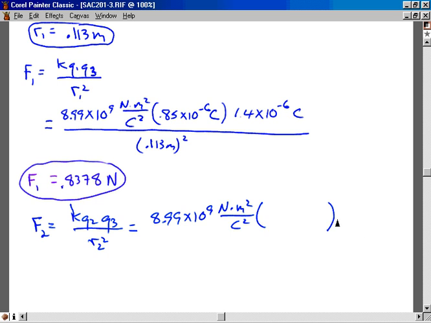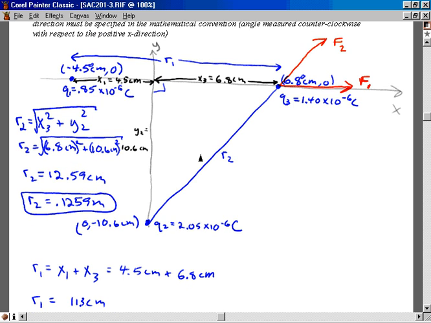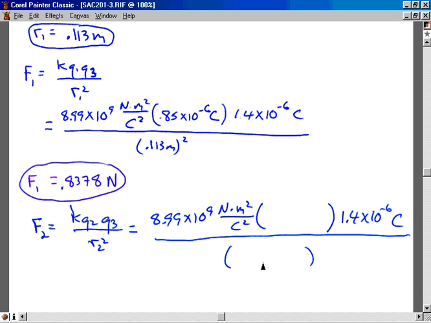Q3 was 1.4 times 10 to the minus 6 coulombs, and then I'm going to need the separation between 2 and 3. So particle number 2 had a charge of 2.05 times 10 to the minus 6 coulombs.